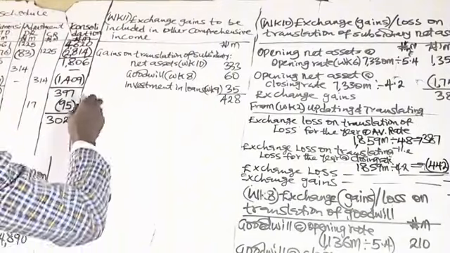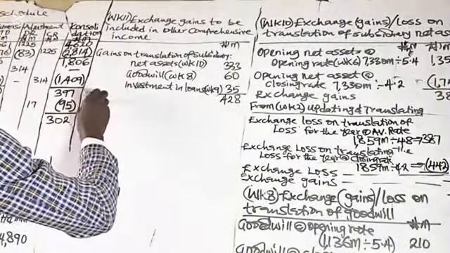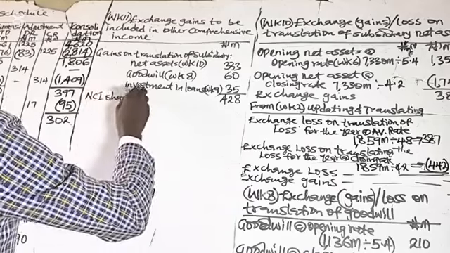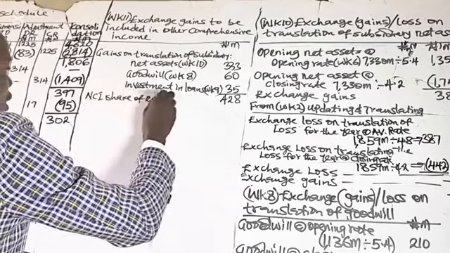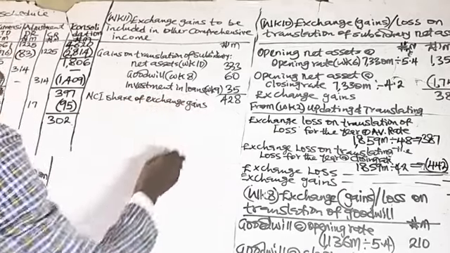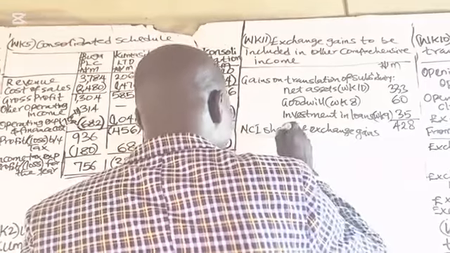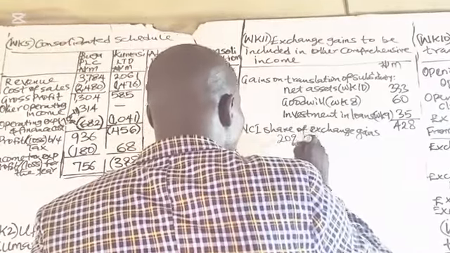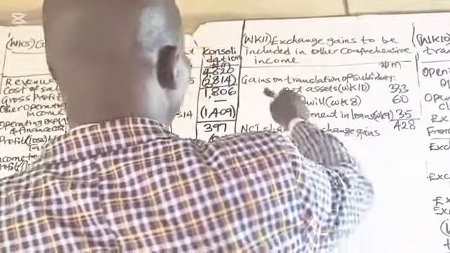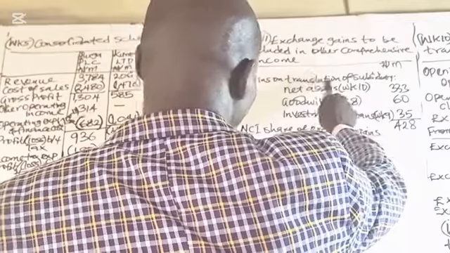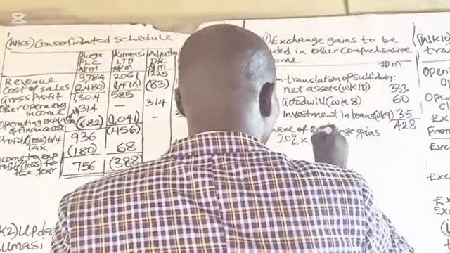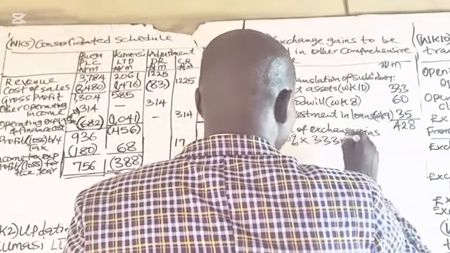The NCI share of the gains. The rounding of errors is permitted. So the percentage attributable to non-controlling interest is 20%. So we have the 20% of the gains on translation of subsidiary net asset, which is 333 million.